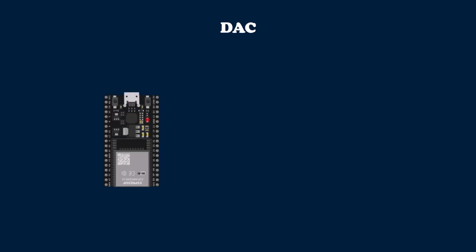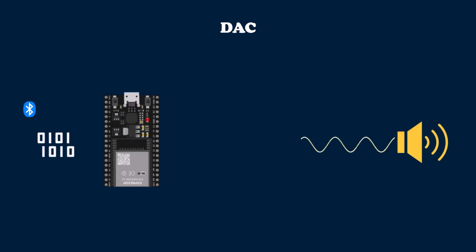Next up, DAC. So, DAC stands for Digital to Analog Converter, and this one's super important. See, when your ESP32 receives audio over Bluetooth, it's just a bunch of digital data, ones and zeros. But here's the thing, your speaker doesn't speak binary, it needs analog signals, smooth, wavy voltage patterns. That's where the DAC comes in.